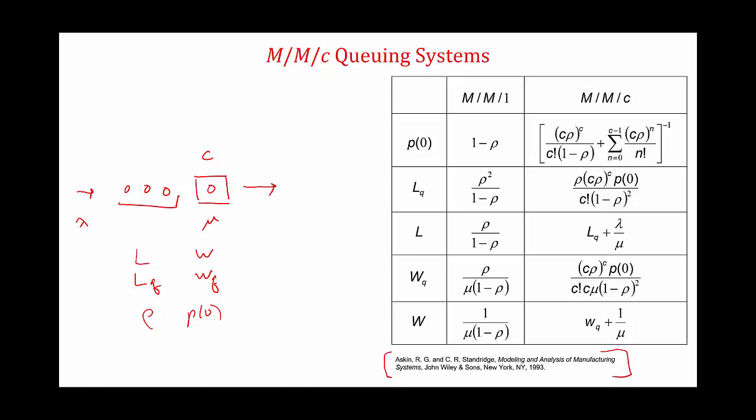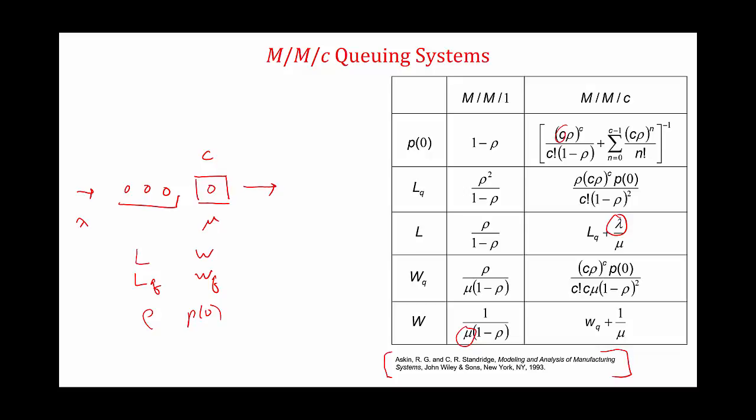Note that in order to solve for the values of interest, we need to know 3 things. We need to know the capacity C, the service rate mu, and the arrival rate lambda. And so those 3 characteristics define an MMC queuing system.